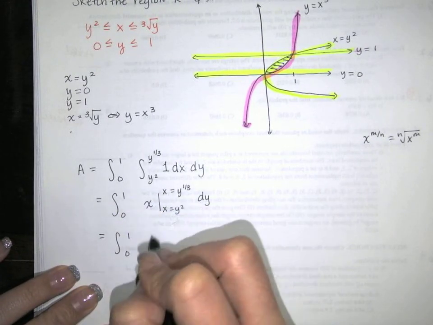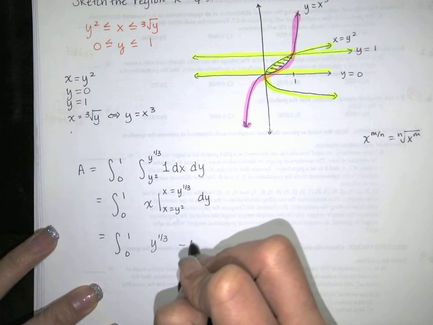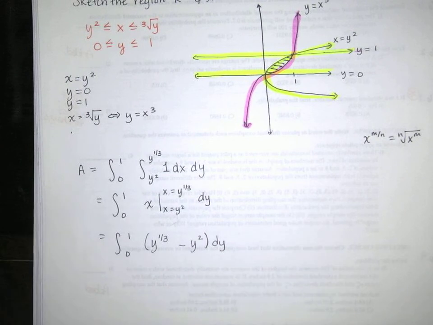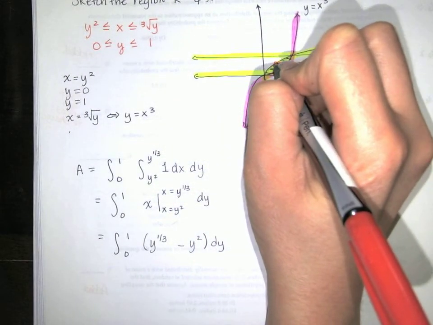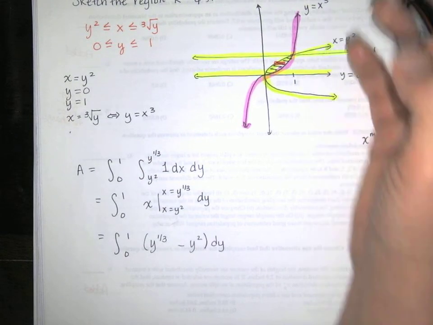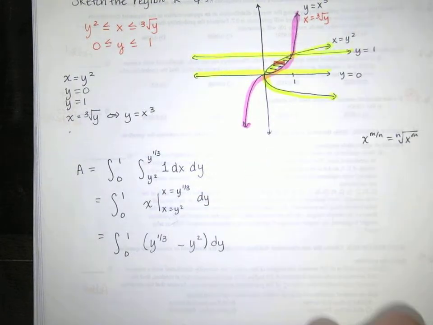So I replace x with its upper limit, y to the 1/3. I substitute in the lower limit, and I subtract. Now notice, that's like having the rectangles this way. X goes from y squared to the cube root of y, which is that one.